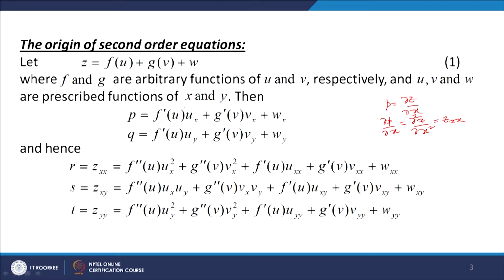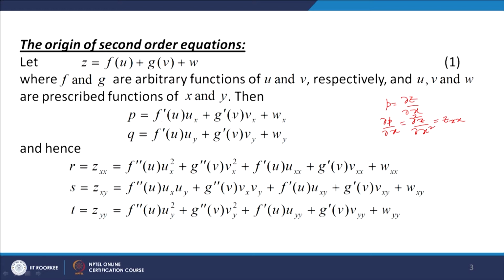This is a product of two functions of x and y, so we use the product formula for the derivative. So f double dash u into ux into ux, that is ux square, then f dash u into uxx, and g dash v into vx.